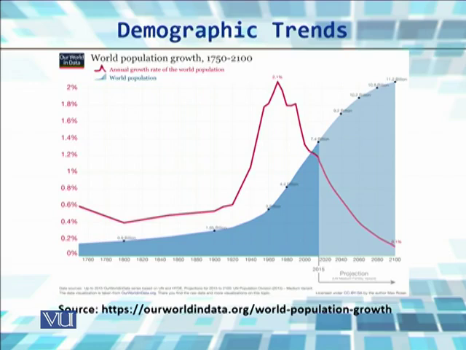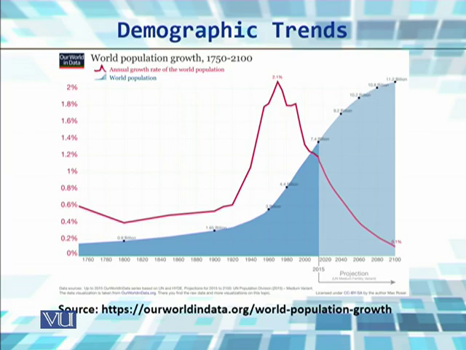If we look at this diagram, this graph tells us about population of the world in different periods, and also the rate of growth of population. So in the 18th century, the beginning of the 18th century, the world population was something like 400 million, 4 to 500 million.